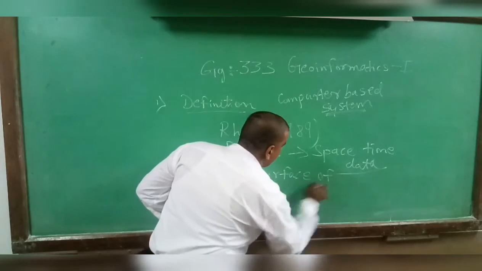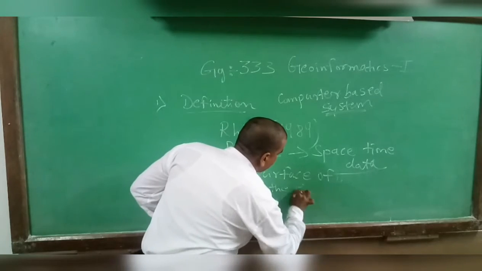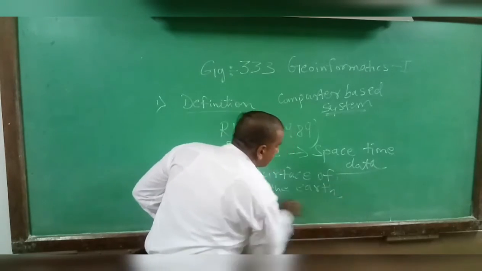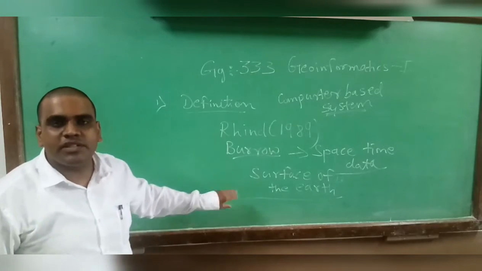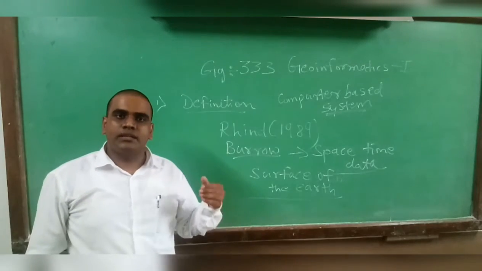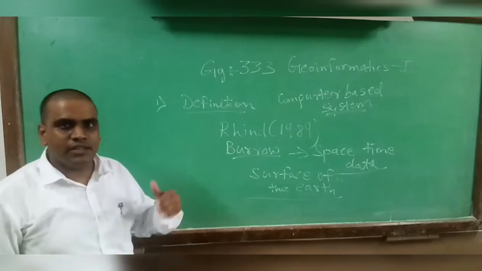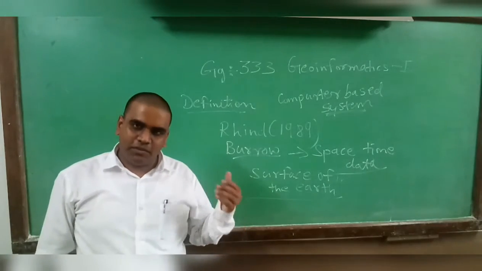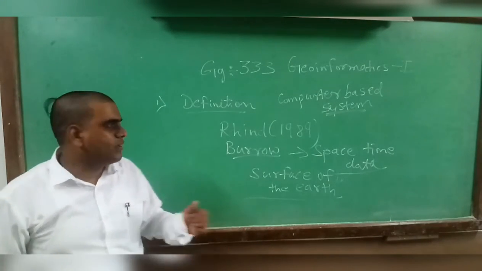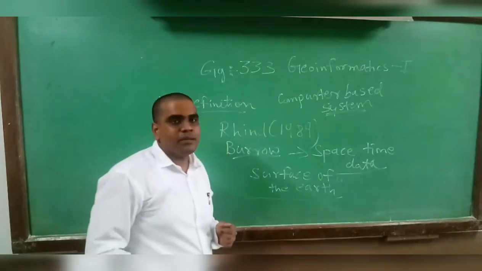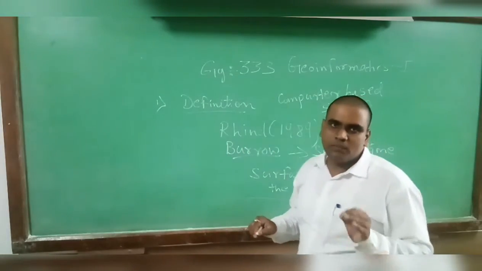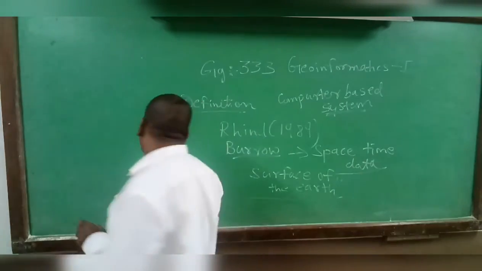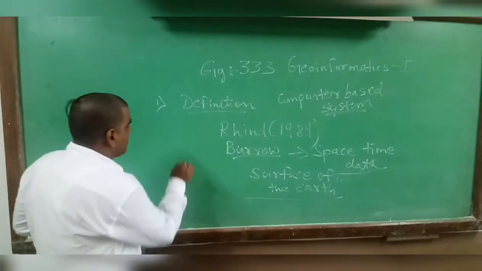Information related to the surface of the earth means whatever information we see on the surface of the earth, in the form of features. I will take one example of a topo sheet. As we all know, a topo sheet provides us both physical information as well as cultural information.